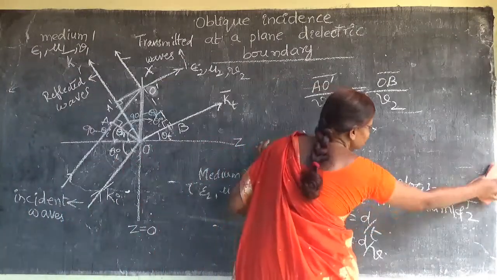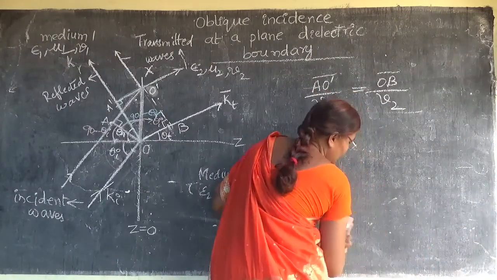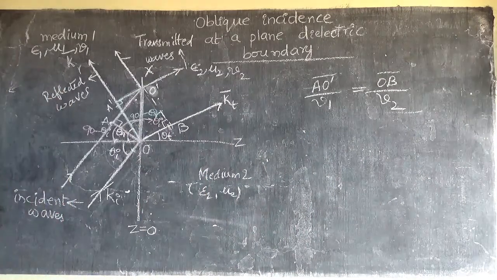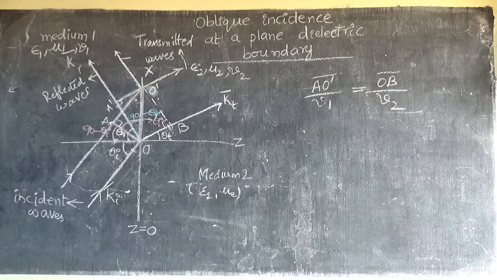So now what I will have, AO dash by V1 is equal to OB by V2, where V1 is the velocity in medium 1 and V2 is the velocity in medium 2.